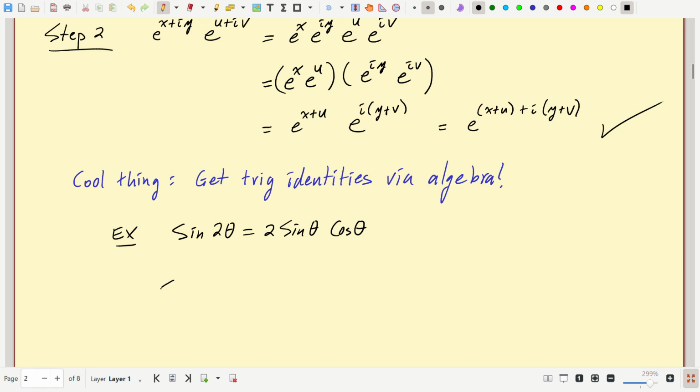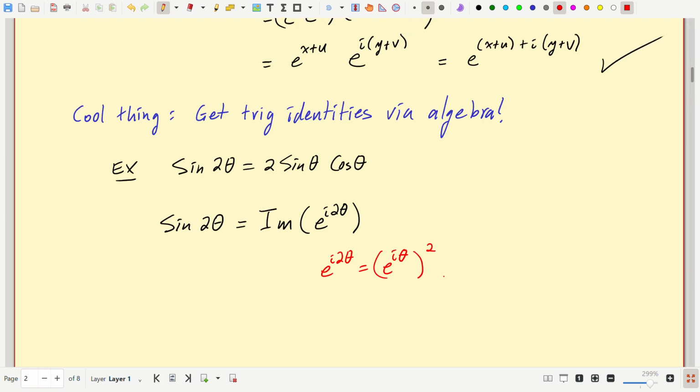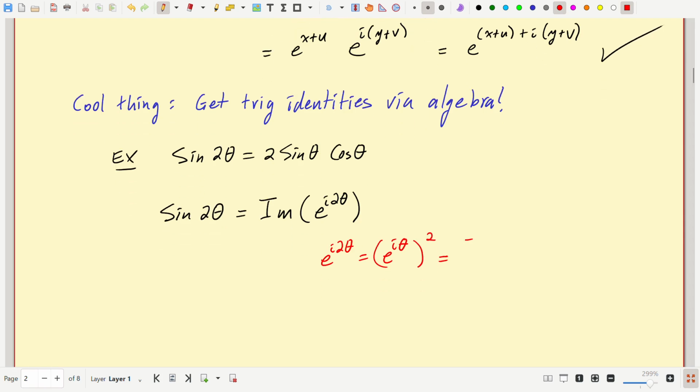Well, sine 2 theta is the imaginary part of e to the i 2 theta. And e to the i 2 theta is e to the i theta squared. And that would be when I write out e to the i theta is cosine theta plus i sine theta, and I square that.